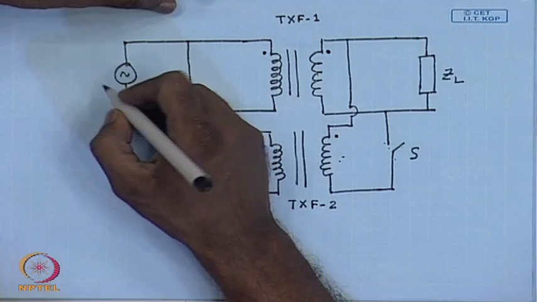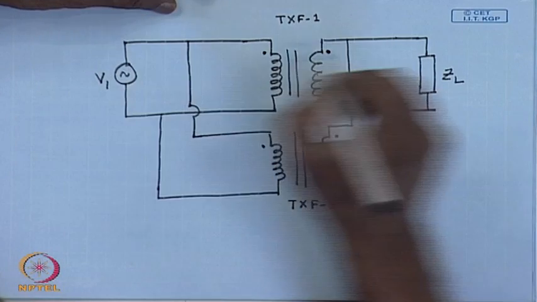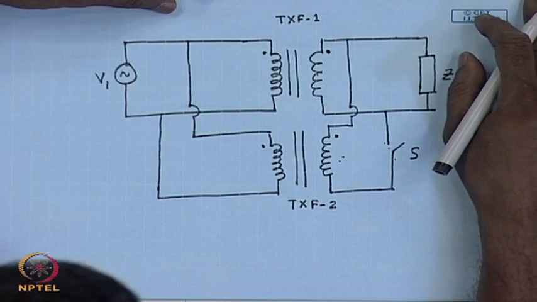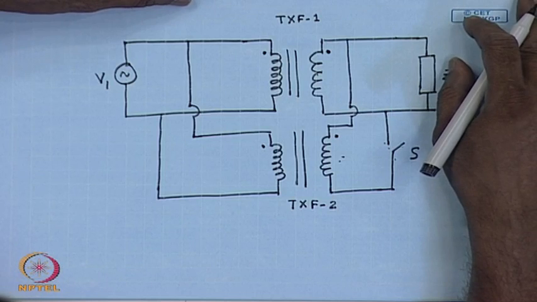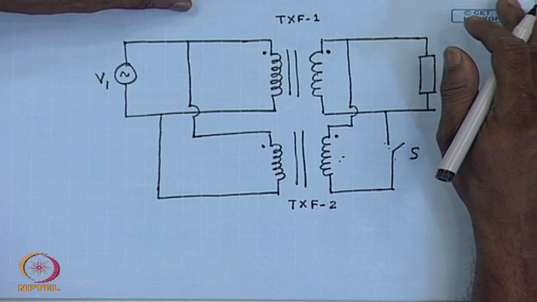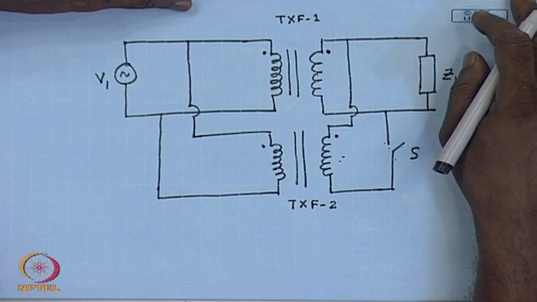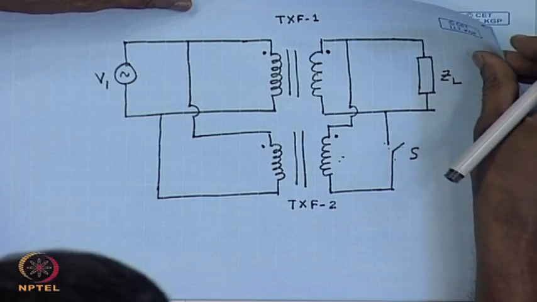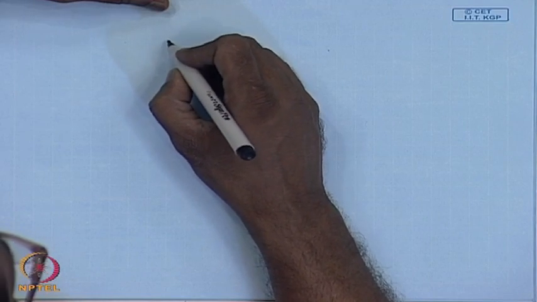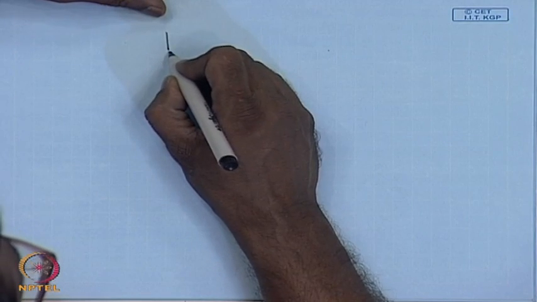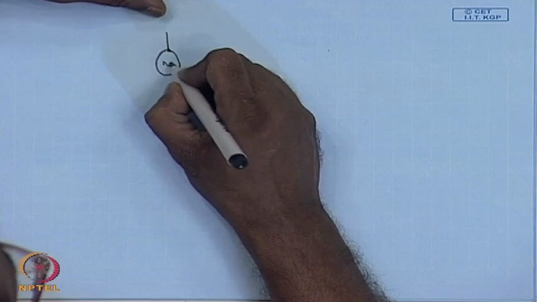For that, we will need to analyze this parallel connected transformer, and in the beginning we will assume that the transformers have identical no load primary and secondary voltages. The equivalent circuit of the first transformer with respect to the load side can be shown to be like this. We have derived this before.